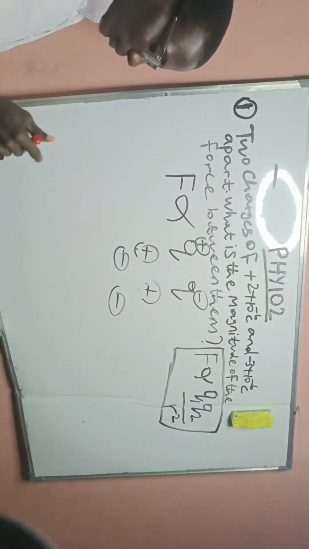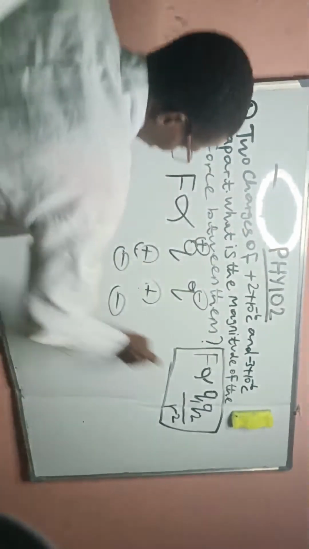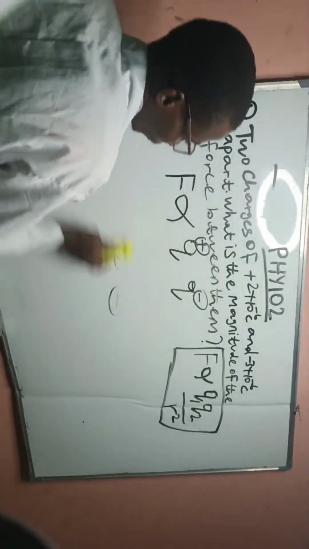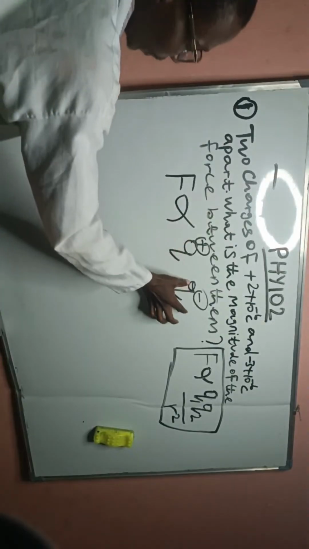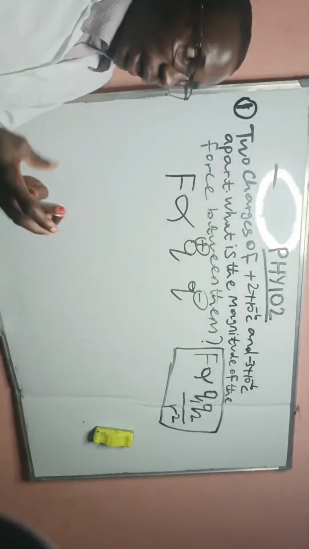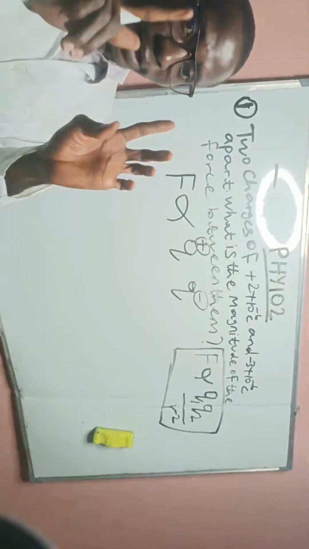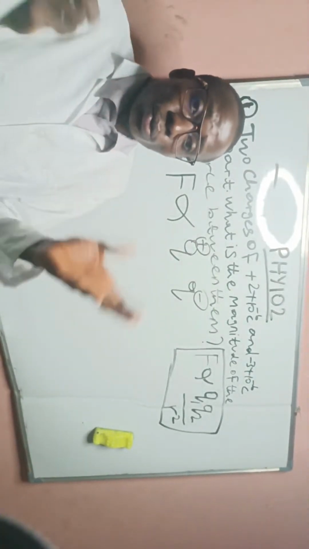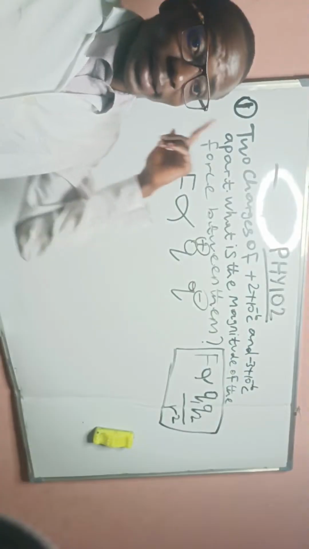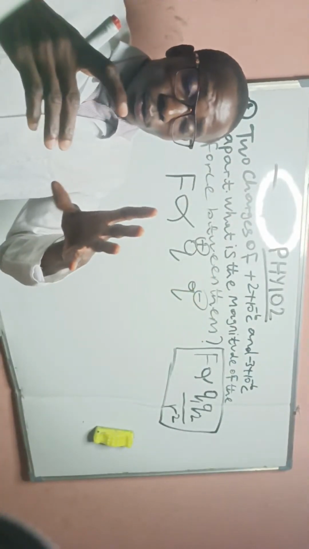It's impossible. But once you have positive and negative, they can attract each other. That is what the law is trying to explain: the force of attraction between two charges is directly proportional to the two charges.